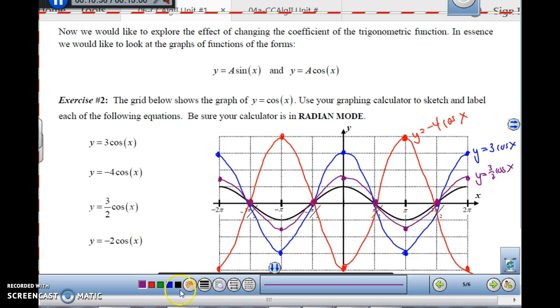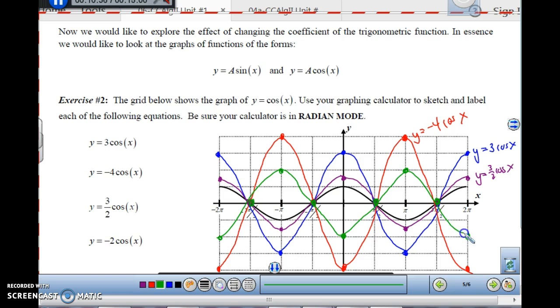So I'll go to my graph here, do it in green. Instead of 1, I'm going to start at -2, 0, +2, 0, and then back to 2, and then back up here. I'm going to go in reverse, and there is your graph. So there is y equals -2 cosine x.